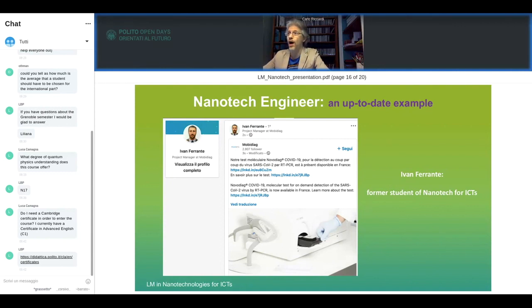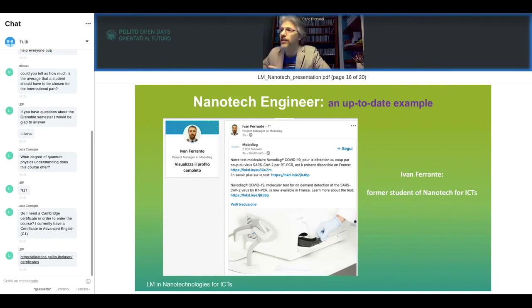You know how important this problem is, and you've probably heard that normally you need days or even 1 week to have the diagnostic of positive or negative, while in this system you can do it in 15 minutes.